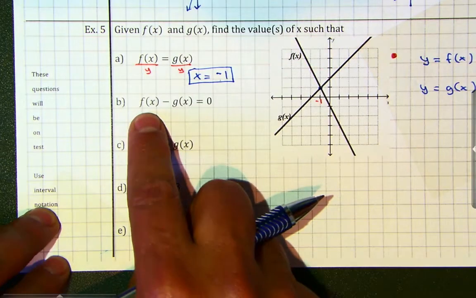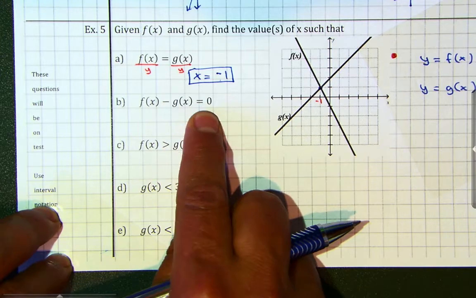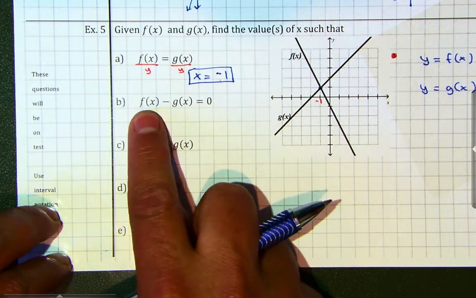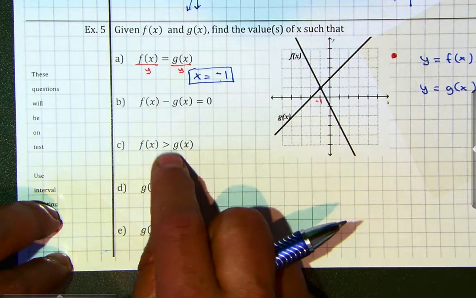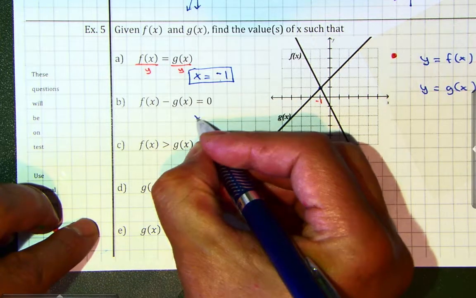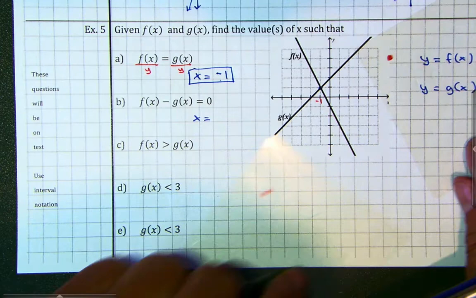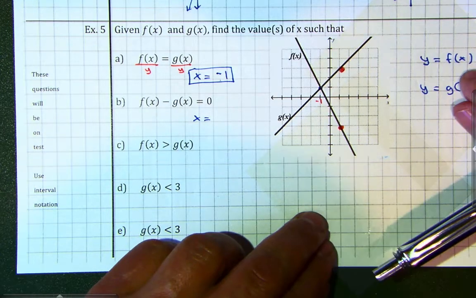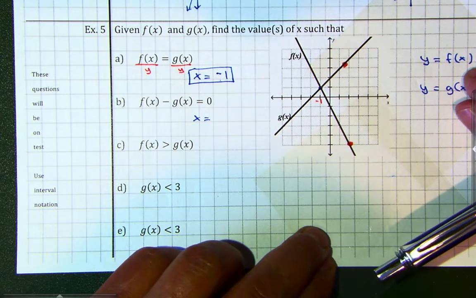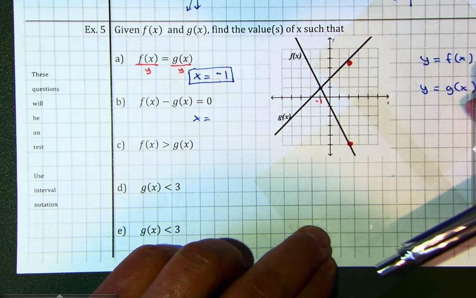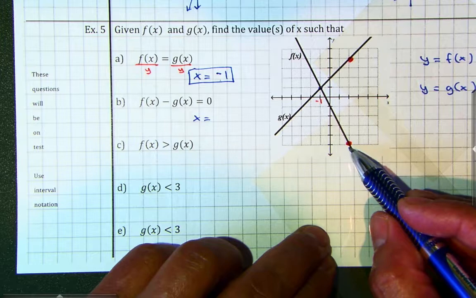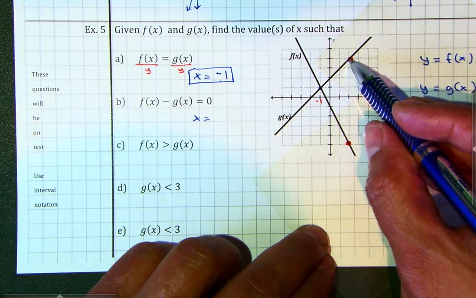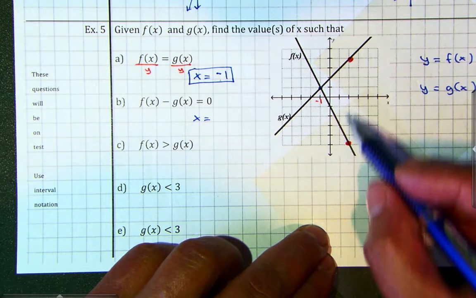f of x minus g of x equal to 0. So when I subtract the f of x value and the g of x value, it gives me 0. What is the value of x when this is equal to 0? Let's start with this point here. The y value for f of x is -5, and the y value for g of x is 4. So -5 minus 4 gives me -9.